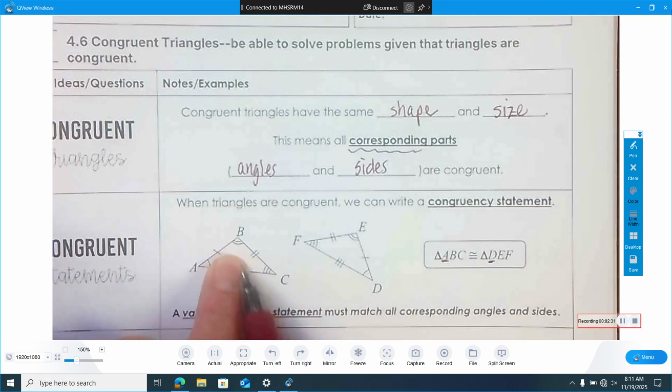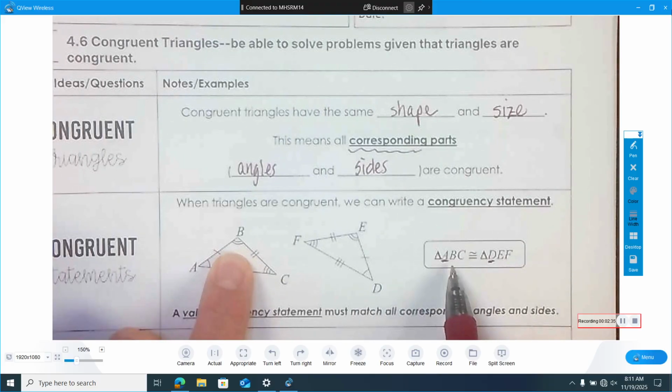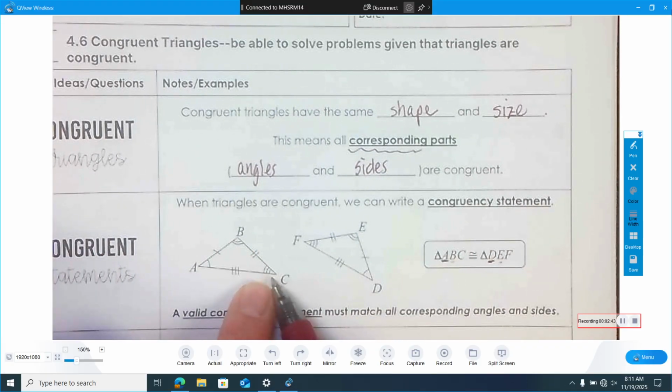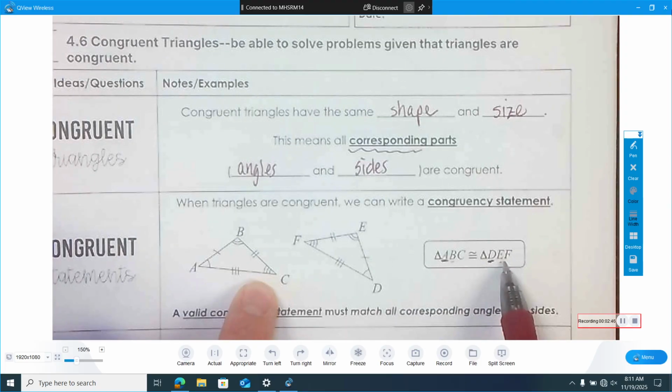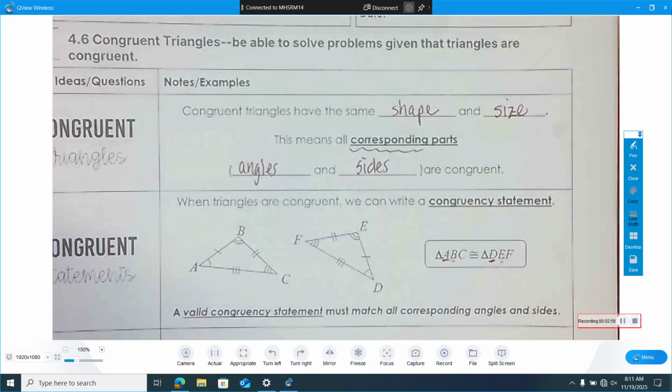Then we have the double arc mark at angle B and the double arc mark at angle E. And those angles, those points really, came second. And then last, we have the triple arc mark at C, and that matches up with the triple arc mark at F. So just using the angles, if they're all marked, is a nice way to set up your congruency statement.